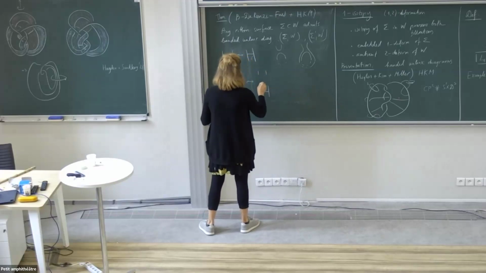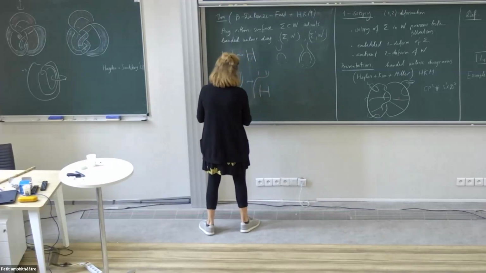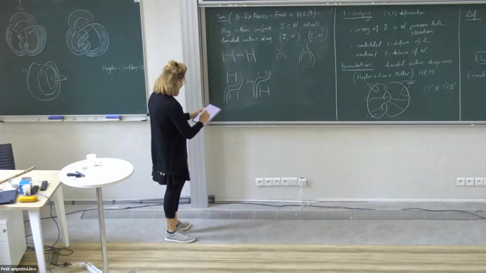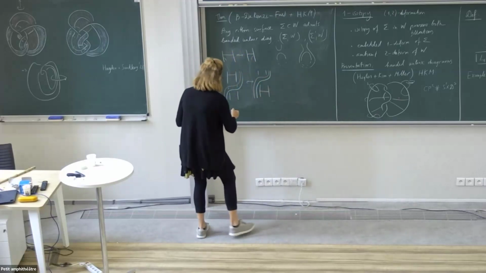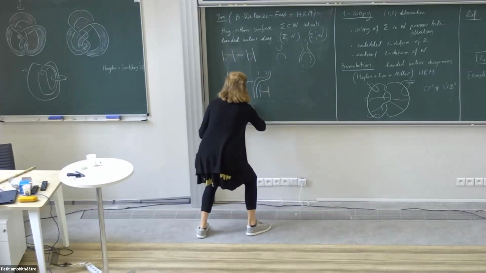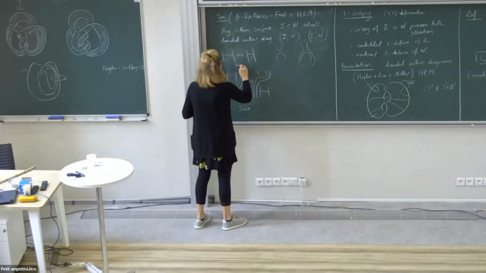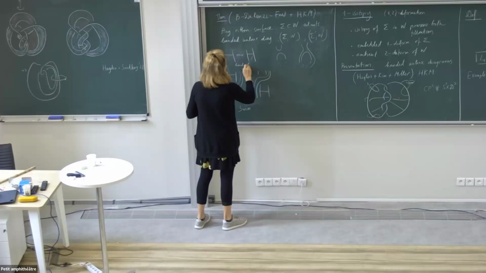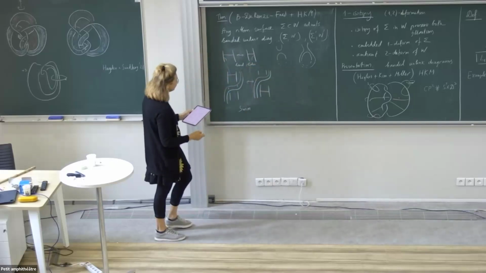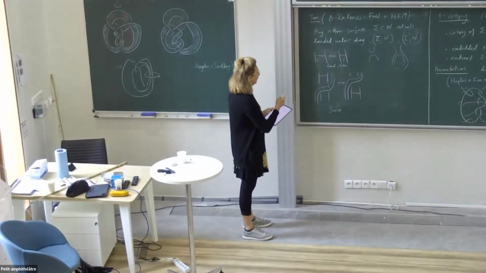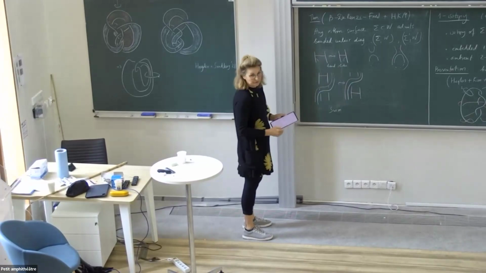So sliding under and sliding over is the same. So this move is called swim. This is called band slide. So they are basically both band slides. This is also a band slide. And then the usual Kirby moves, which I already introduced, are always there. Okay, so these are the additional moves.